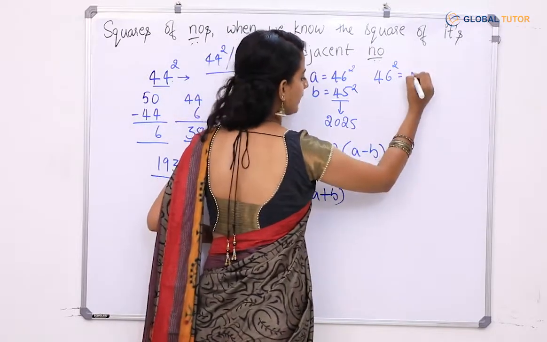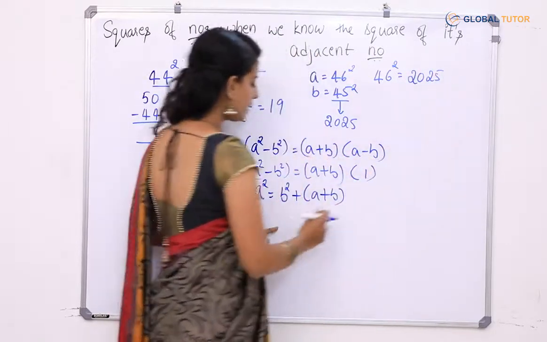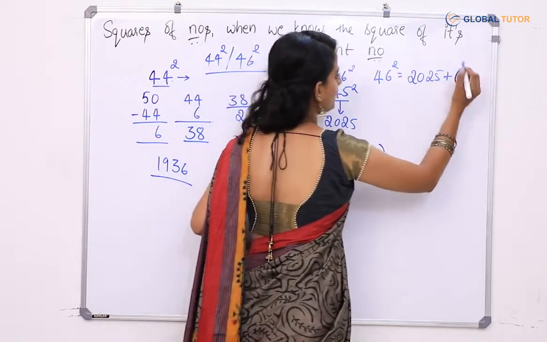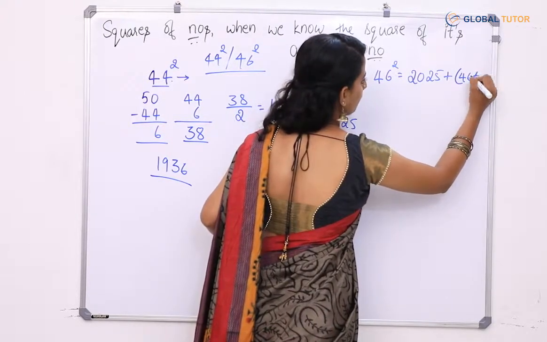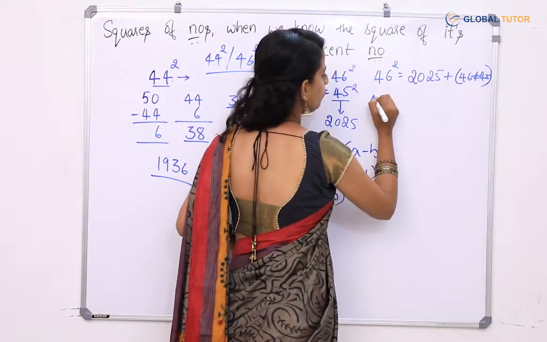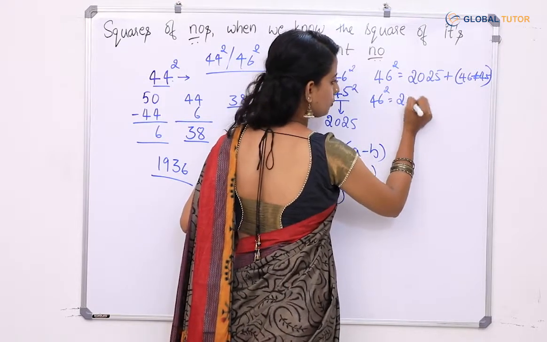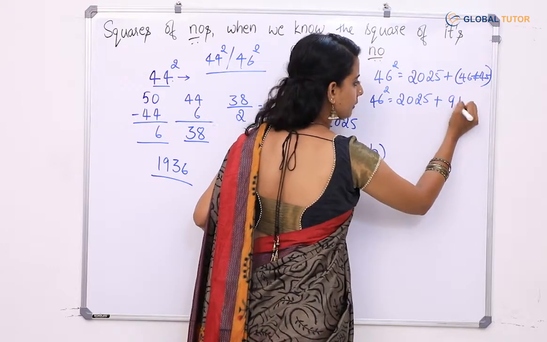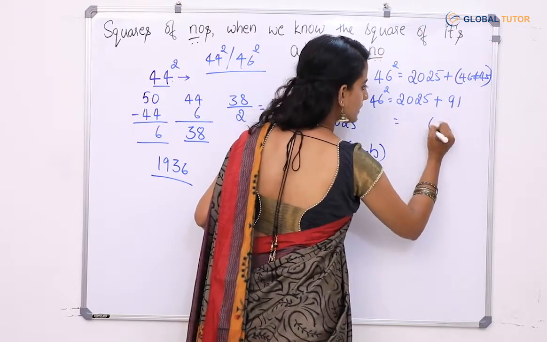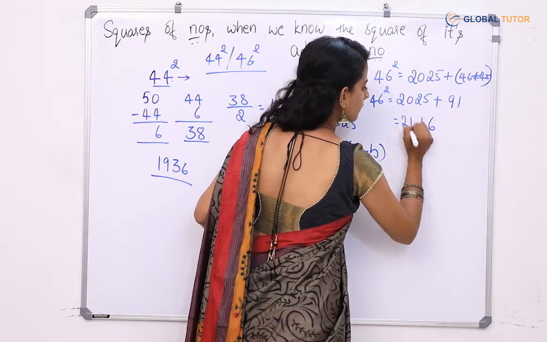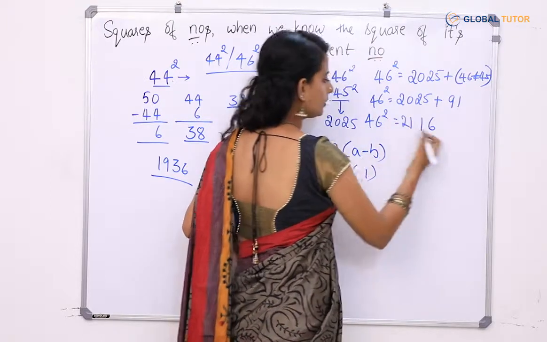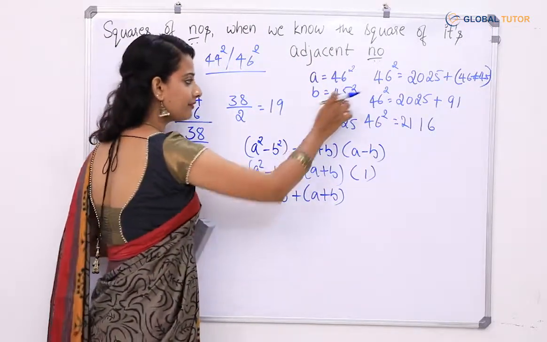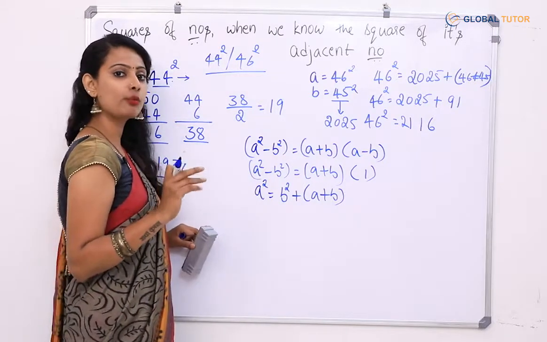So you can straight away write this 2025 plus a plus b, a plus b is 46 plus 45. So 46 square is equal to 2025 plus, 46 plus 45 is how much? 91. So 46 square is equal to 2116.